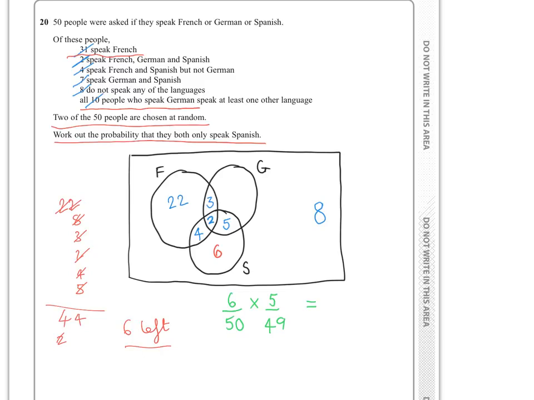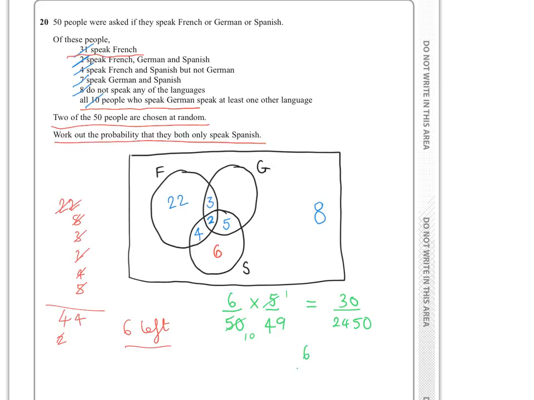So on the calculator, you've got the answer of 30 here out of, so 50 times 49 is 2,450, and your calculator should cancel that down. You can see that from here as well.